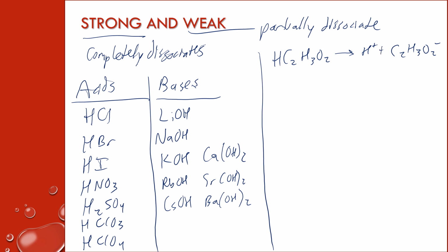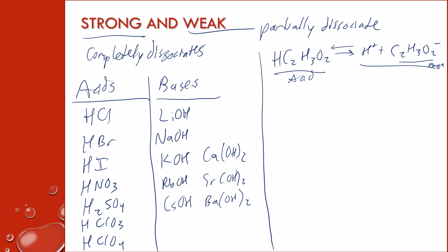But because it's weak, only some of these break down into ions. And once they are in ions, they can form back together again. So it forms an equilibrium system where you get this back and forth, where some of them are breaking down into ions and some of them are combining back to the original acid. And this is still your acid, and this is still your conjugate base, but you wind up with this equilibrium system.